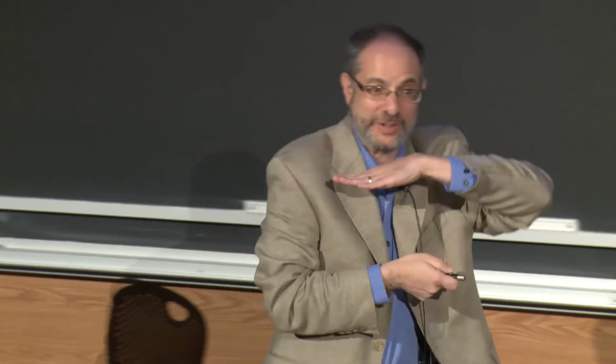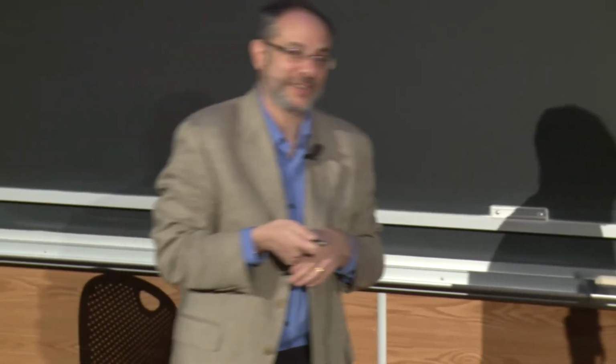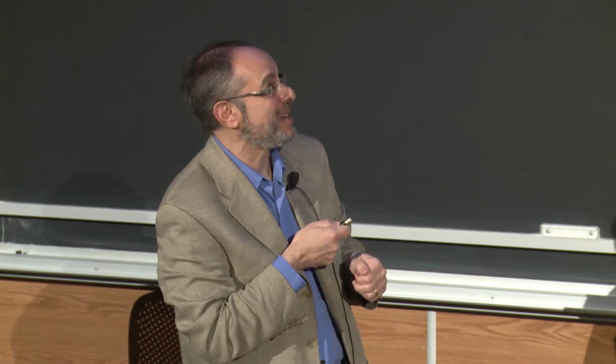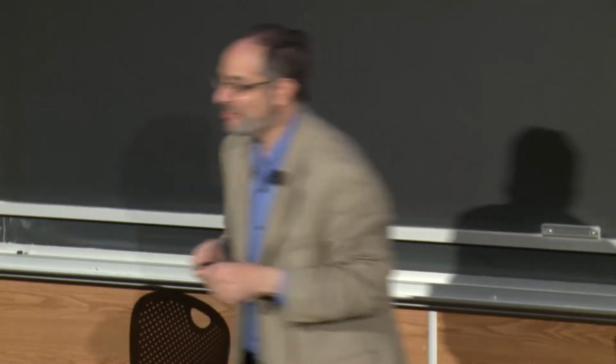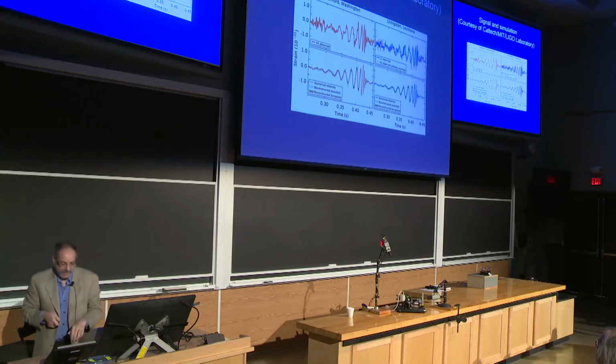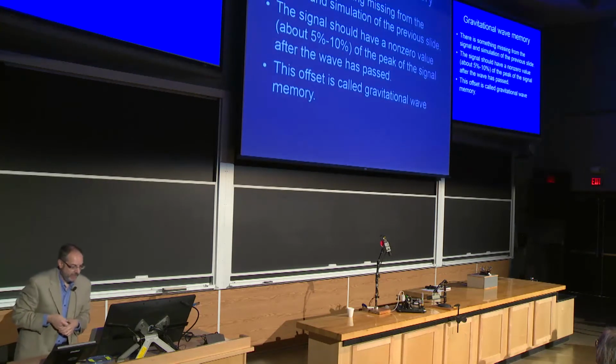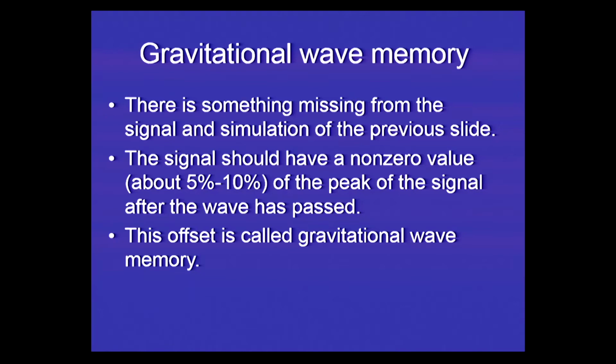So what they do is they just set the offset to 0 because the detectors are doing that anyway, and we're going to match them, so we don't need to worry about that. So there's something missing from both the signal and the simulations, and this something that's missing is called gravitational wave memory.